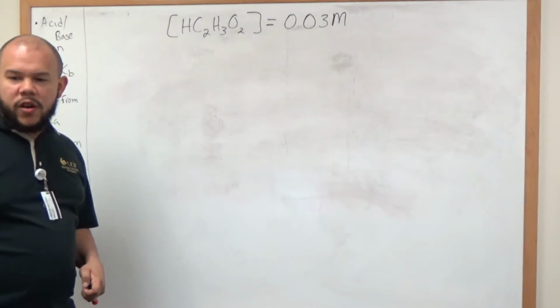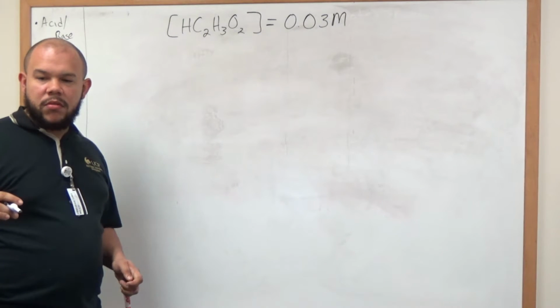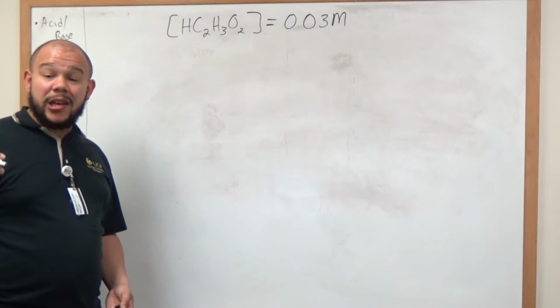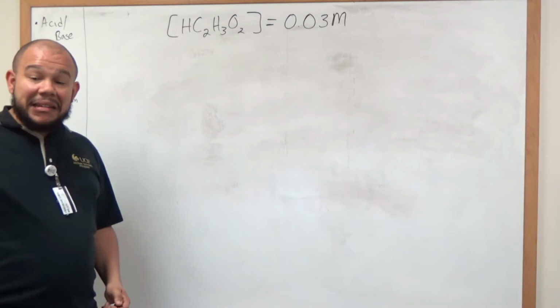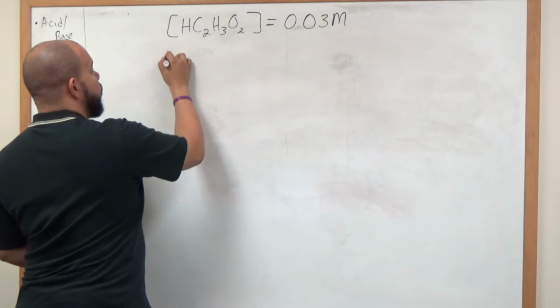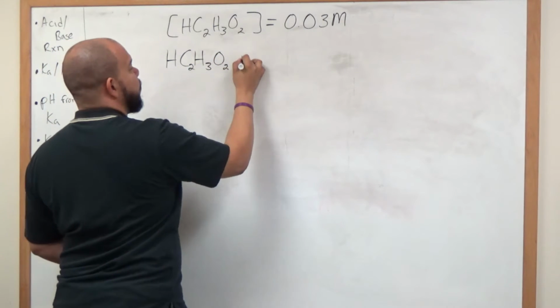And we know the concentration. Since we know the concentration, we need to now take a look at how this is in equilibrium with water, and we know that from our previous knowledge. We need to set up the reaction.